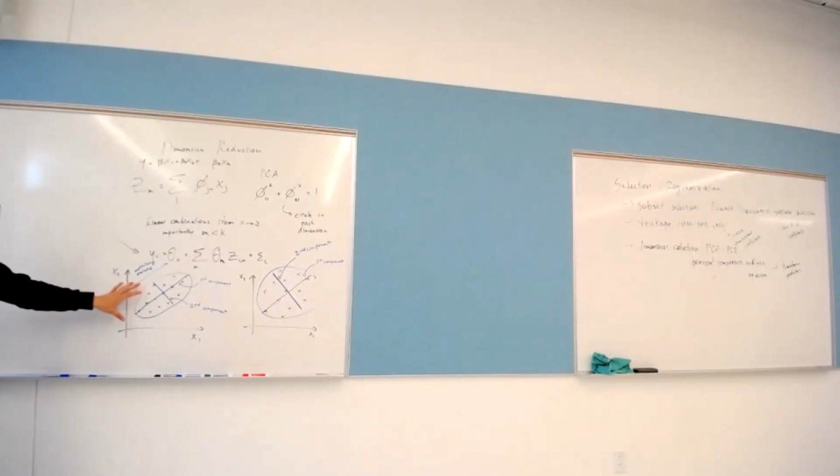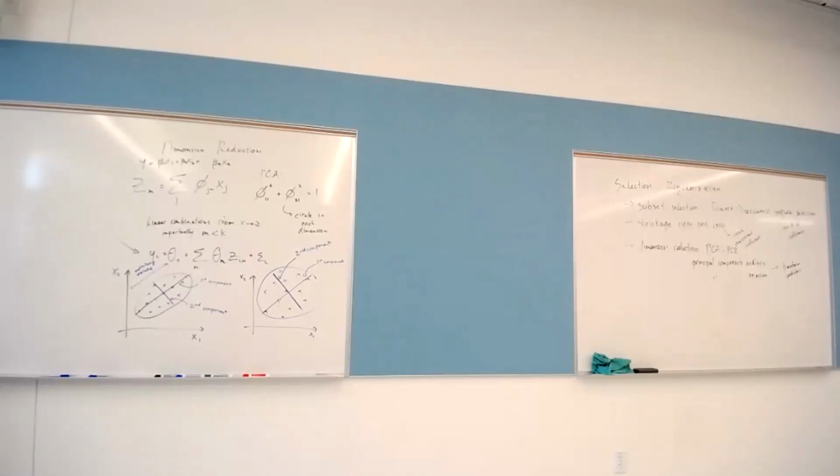That means that you're preventing overfitting because you're essentially only taking the most important parts of your x's. Okay. So let me hang on for a second and ask if there's any questions about this. Yes.